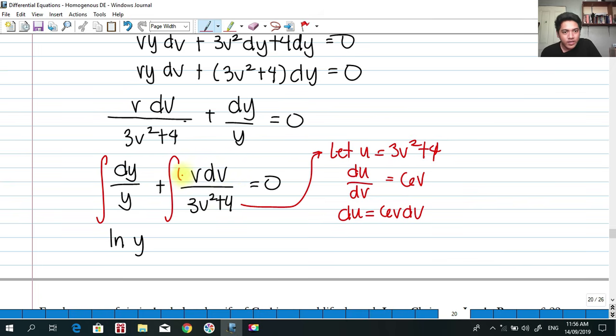I offset the 6 here, and outside of the integral sign put the reciprocal. So we have plus 1 over 6 integral of 6v dv, which happens to be du over u, equals 0.